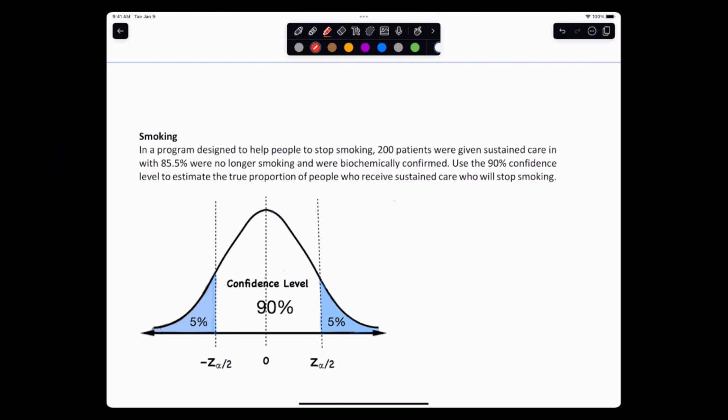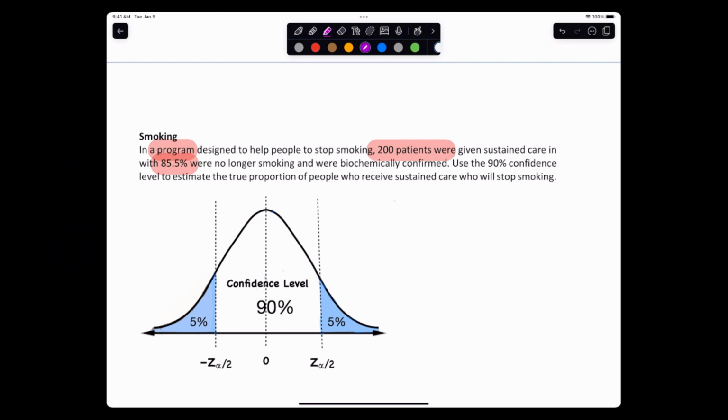In a program, that's like a study, to help people stop smoking, 200 patients were given sustained care. I don't even know what sustained care is. Doesn't even matter. And what did they find? 85.5% were no longer smoking, and that was biochemically confirmed.